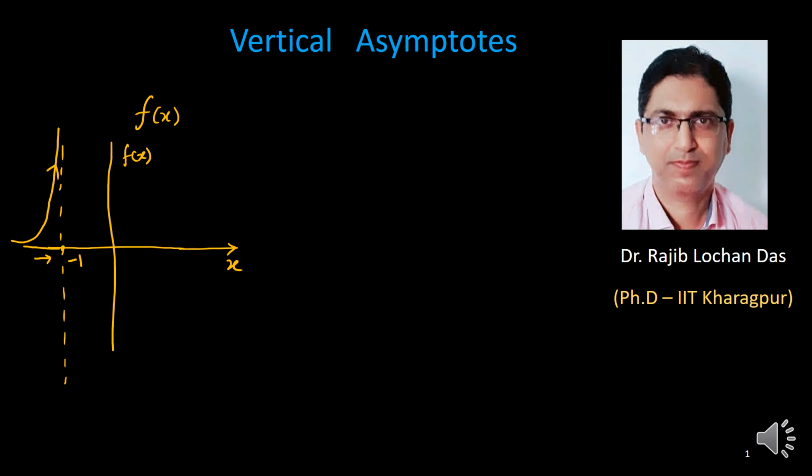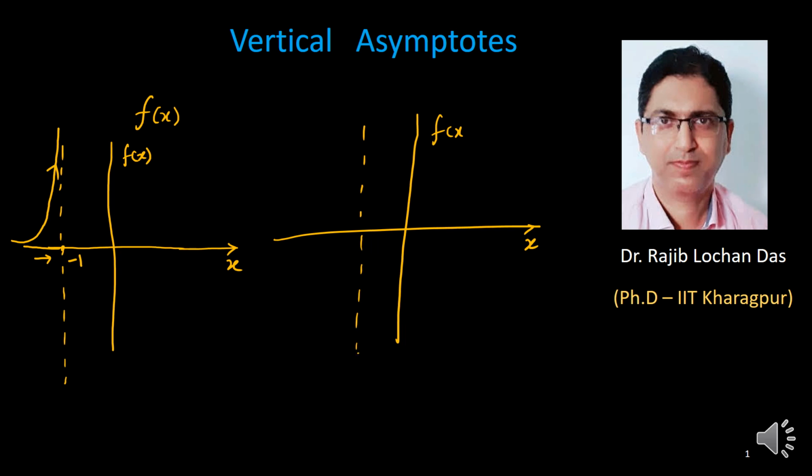Now it may happen that, with the same x-axis, this is your f of x, and here I can have one vertical line. So the function can follow the downward direction. Meaning this time the function value is approaching -infinity.